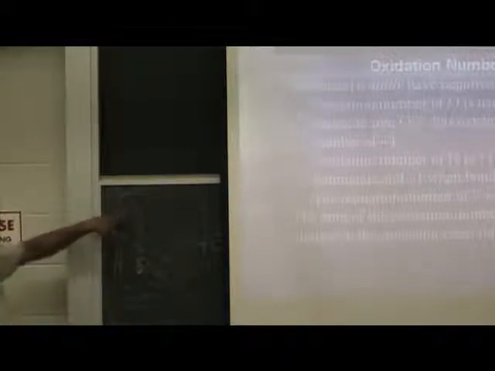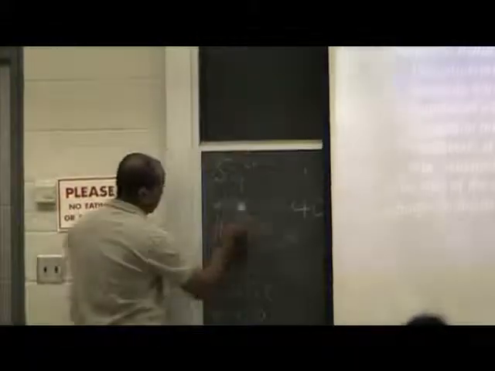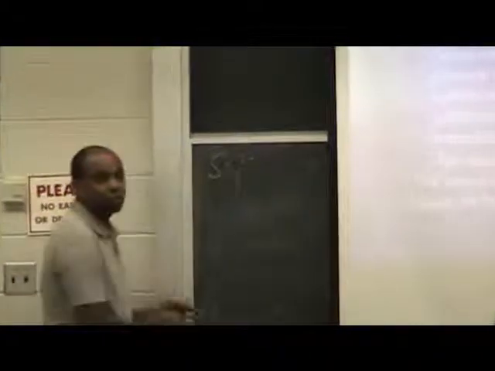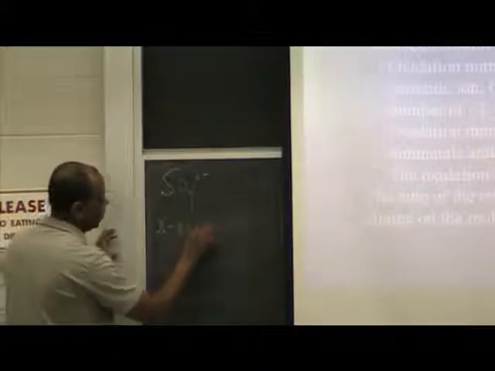So the oxidation number of sulfur and oxygen added together gives you -2. Let's say we don't know the oxidation number of sulfur. I'm going to put x, right? x minus 8 equals -2.